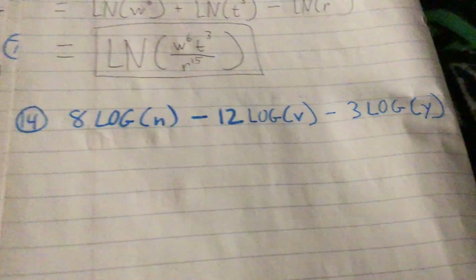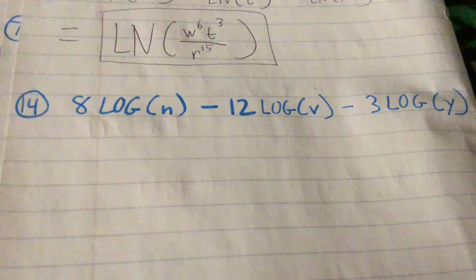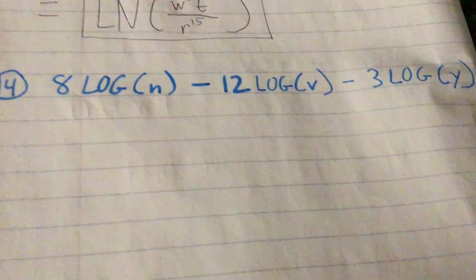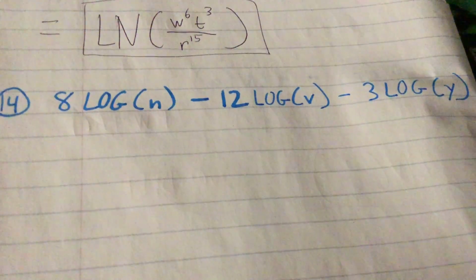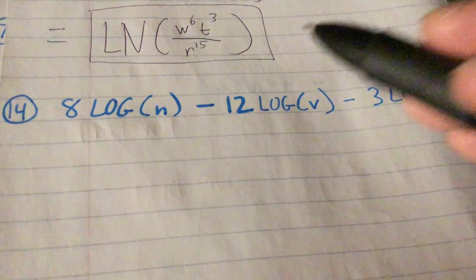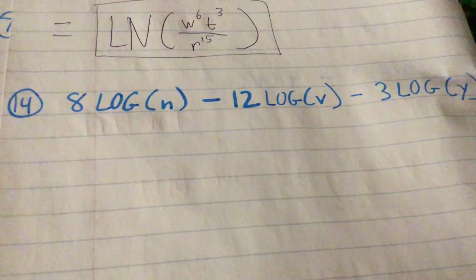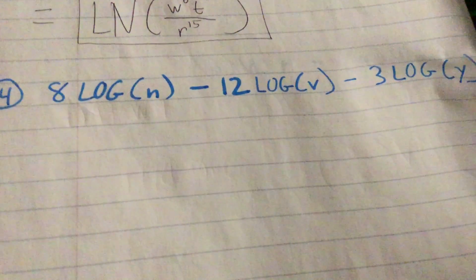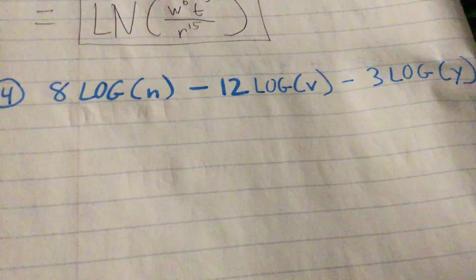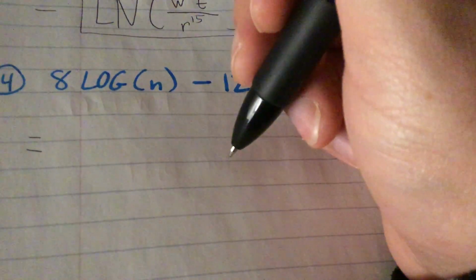All right, here we go. What do you notice about problem number 14 that we haven't seen yet? Yeah, there's 2 negatives. Okay, well, let's just use my big hint. Positives on the top, negatives on the bottom. So we've got 8 log of n. I'm going to make that 8 go inside as an exponent.